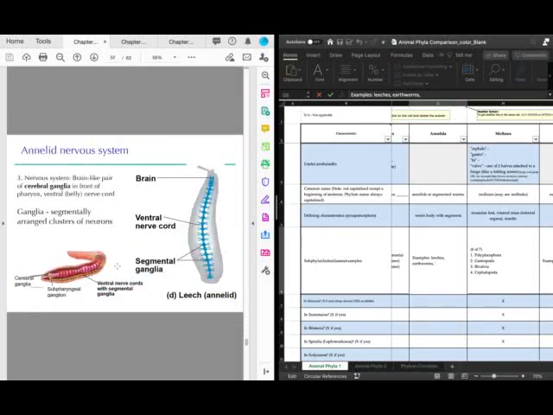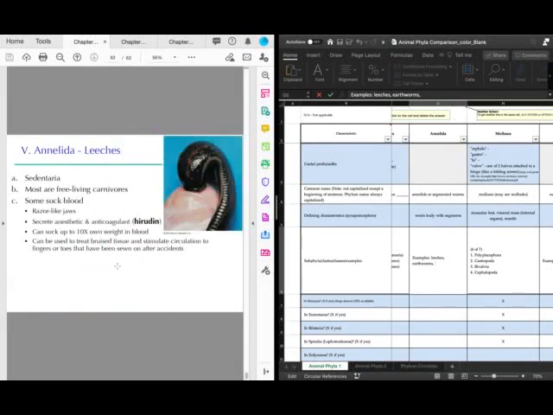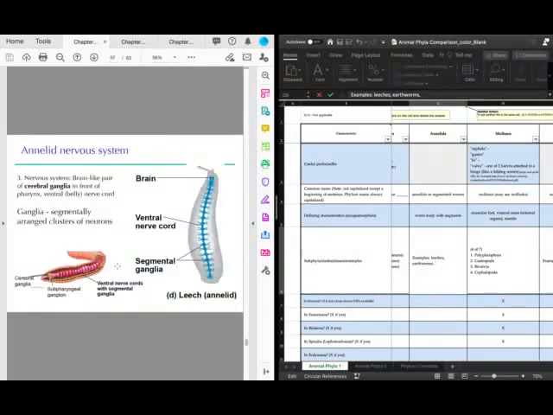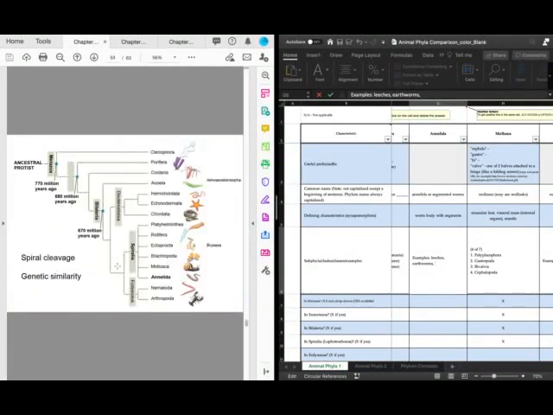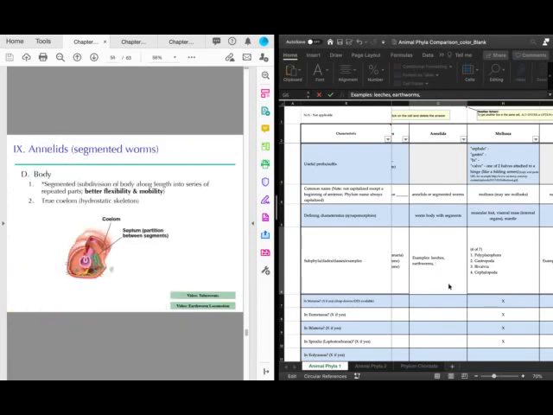Got these polychaetes. Actually, they don't say that in here anymore. It's an old classification. So just put those in there. Metazoa, yes, all of them are in Metazoa. Eumetazoa, yes. Bilateria, yes.